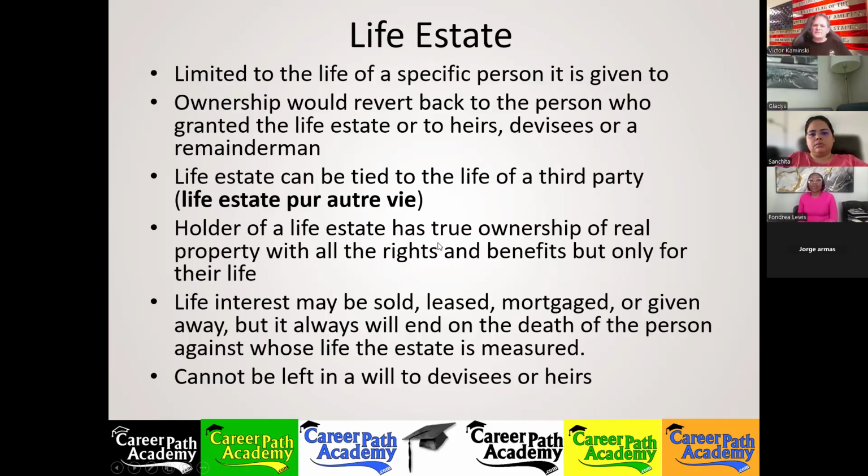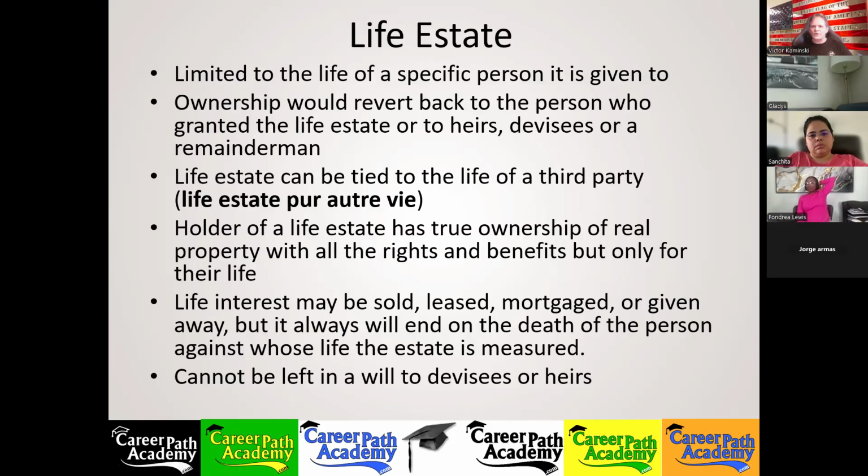The holder of a life estate has true ownership of real property with all the rights and benefits, but only for their life. This is why you can't leave it to your kids. If you got a life estate, you can't leave it to your kids or heirs or anybody you name in your will, because you lose ownership when you die.